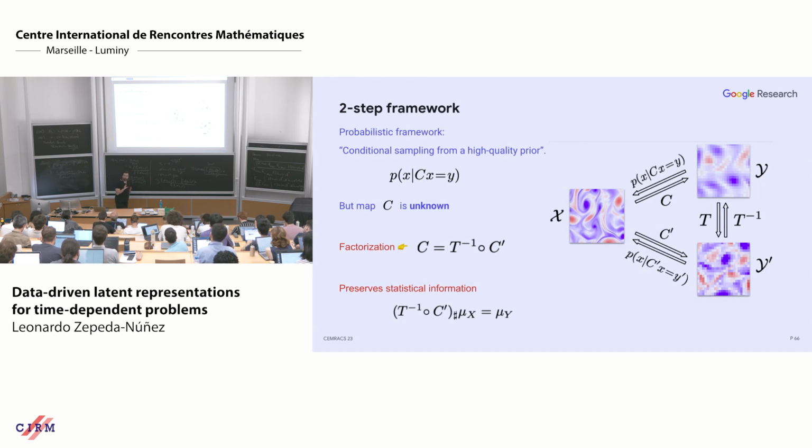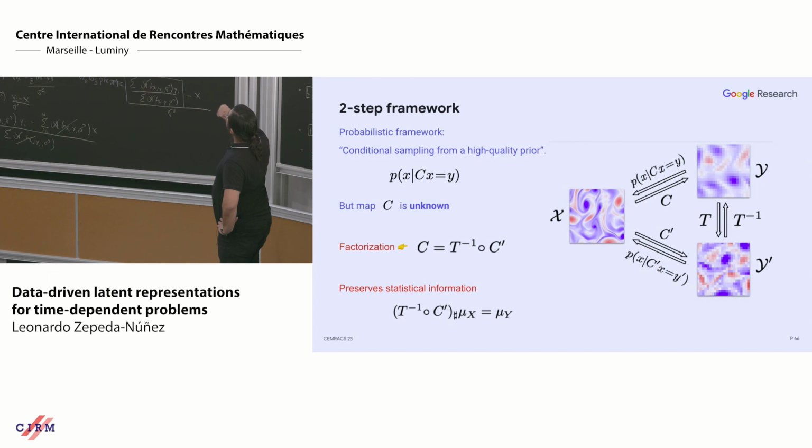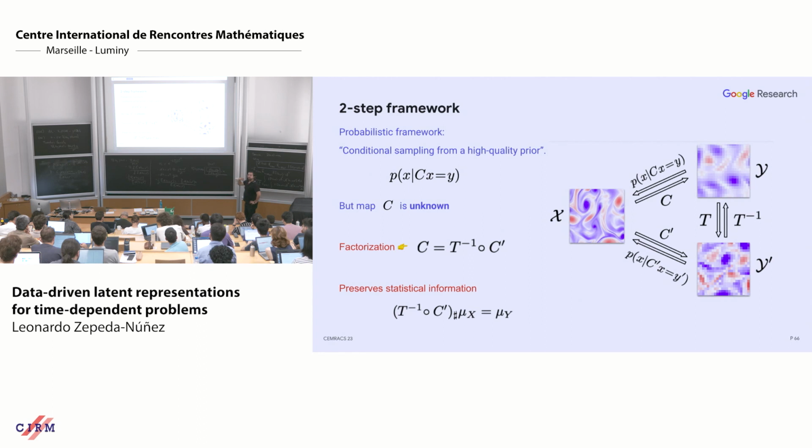Climate is too hard, so let's have something simpler. In this case, what we'll do is just fluid simulations. There's a fairly good and well-known benchmark called the Kolmogorov flow in 2D. What we'll have is a low resolution, this curly Y there, and then a high resolution X. X is going to be trajectories computed with a spectral method, high resolution, everything that you want.